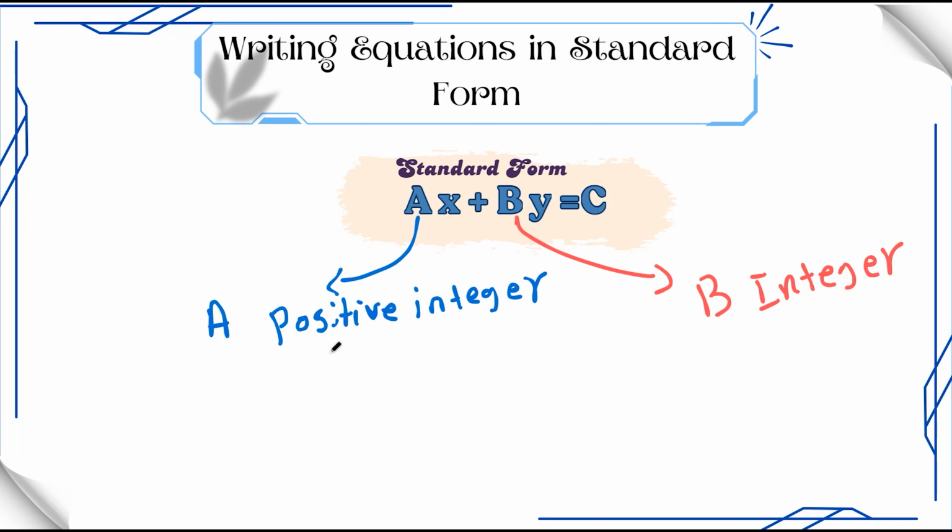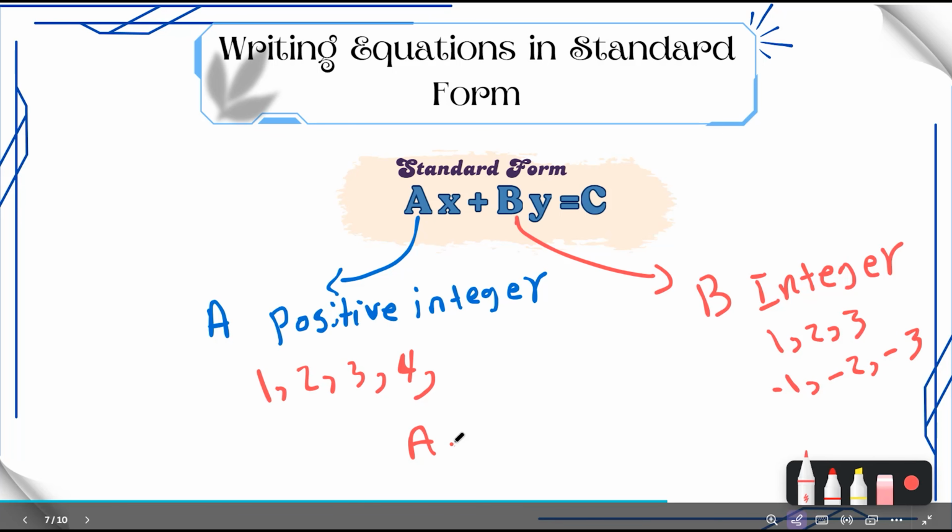For example, positive integers like 1, 2, 3, 4. Integer maybe positive, maybe negative. But what about 0? A and B are not equal to 0.